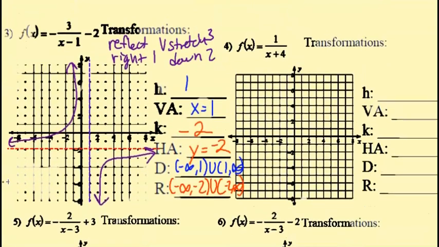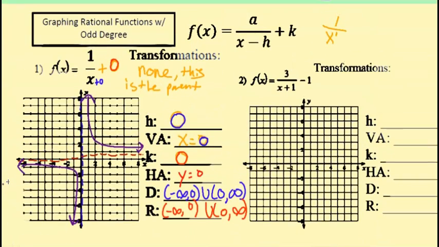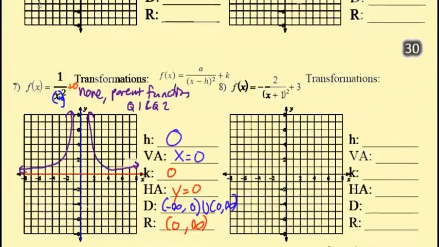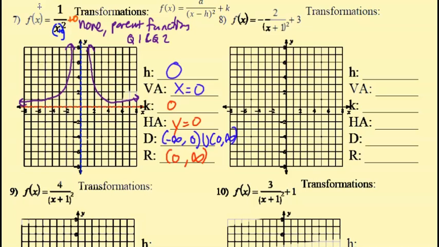For the other parent function, it was quadrants 1 and 3. For even exponents like this, they're either both going to be up here or they'll both be down here if it was reflected.